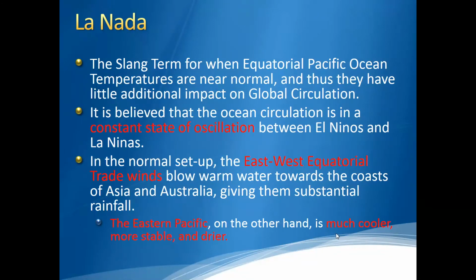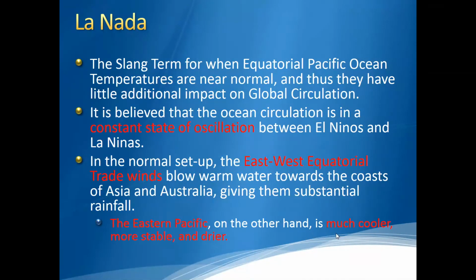We've discovered that the ocean and that water circulation are constantly in a state of flux, a state of oscillation between El Ninos and La Ninas. So this normal setup, this la nada setup, just represents the in-between. We're not quite in an El Nino, but we're not quite in a La Nina.